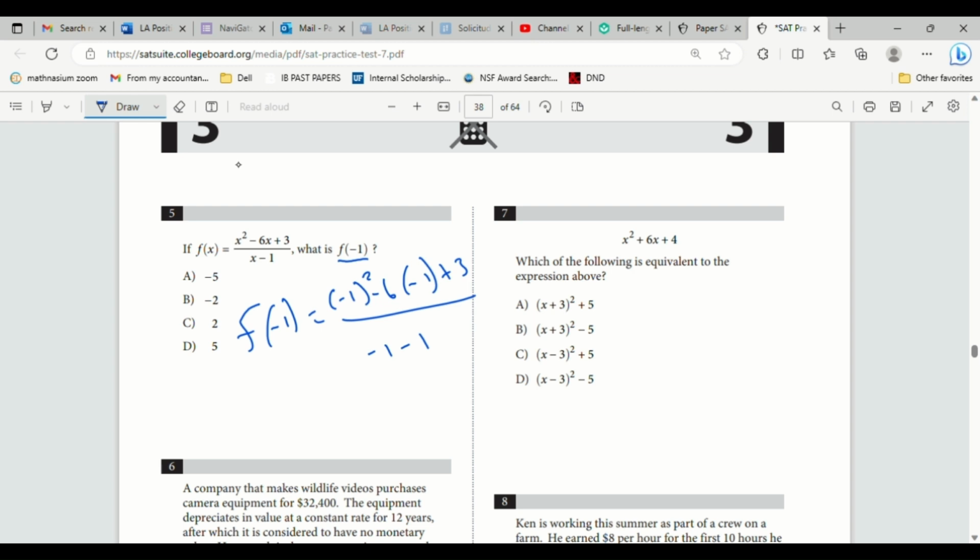So negative 1 squared is a positive 1, minus 6 times negative 1 is a plus 6, plus 3, divided by minus 1, which is a minus 2. So we have 1 plus 6 plus 3 is 10 divided by negative 2, or negative 5.